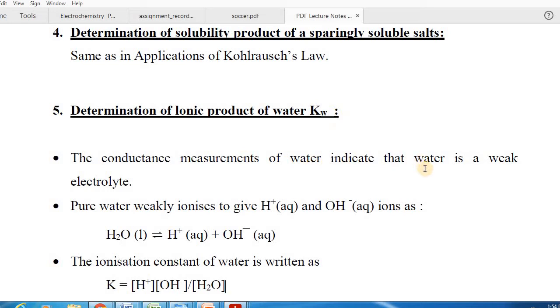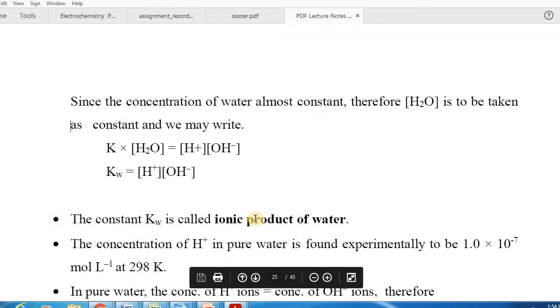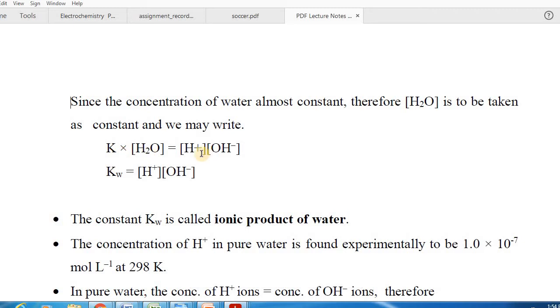Now next application is the determination of ionic product of water. We very well know water is a weak electrolyte. It dissociates to give H plus and OH minus ion by this equation. Now since the concentration of water is almost constant, we can write K is equal to H plus into OH negative divided by H2O.